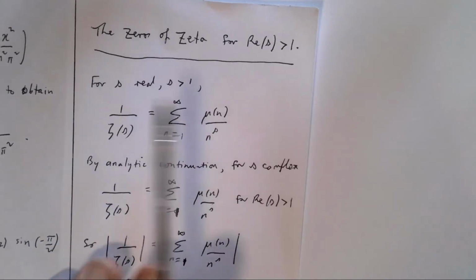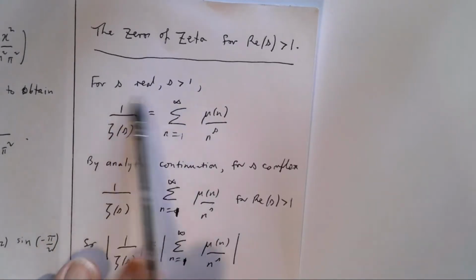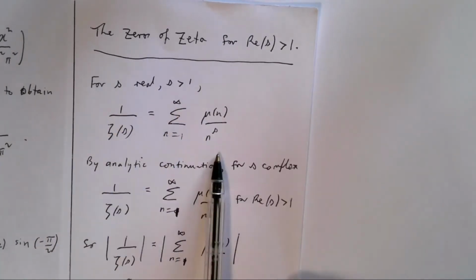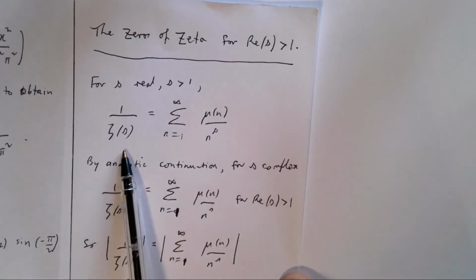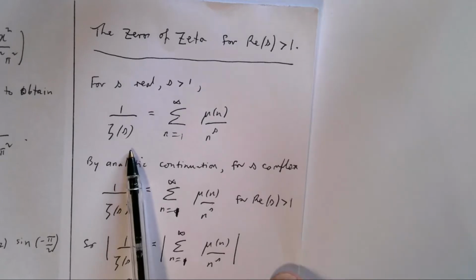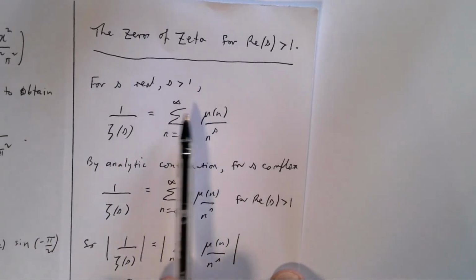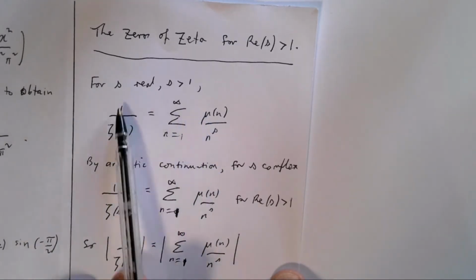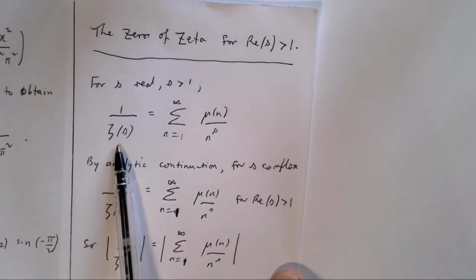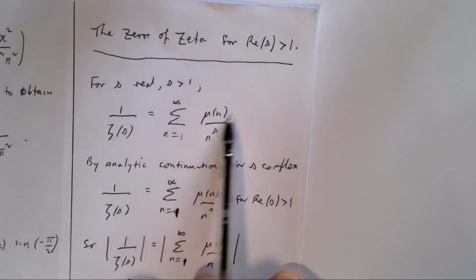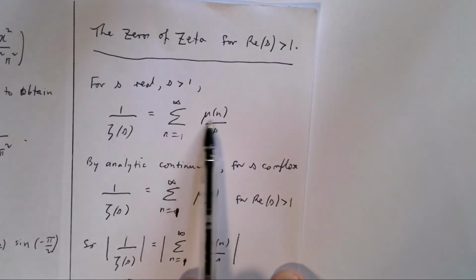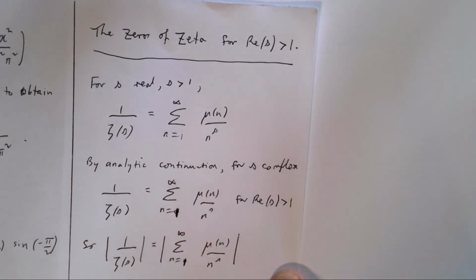So firstly I'm going to take s real, s bigger than 1, and you'll recall this lovely formula, which we actually used to define the Möbius function. If you take the Dirichlet series for 1 over the zeta function, this constructed the multiplicative function mu of n, the Möbius function.